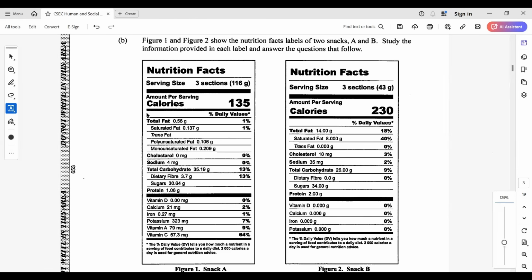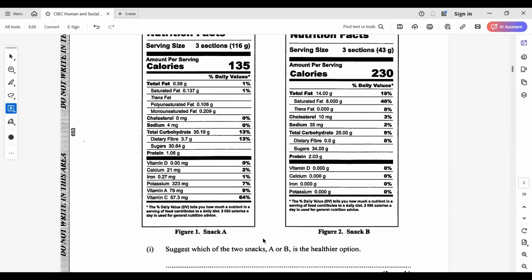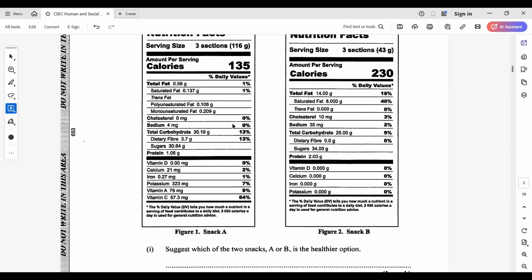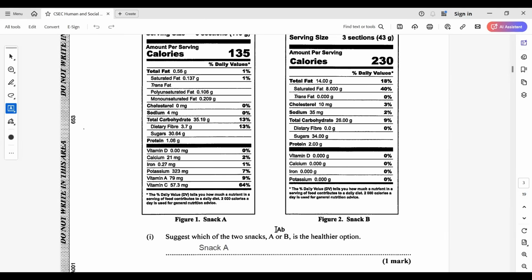We see serving size, calories, total fats. You would have read it and compared it one to the other, right? So the question asks, suggest which of the 2 snacks, A and B, is the healthier option. And a quick glance at this, a nice study of this, in fact, will lead you to believe that snack A is the healthier option.